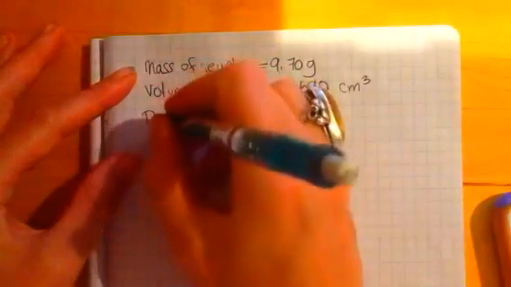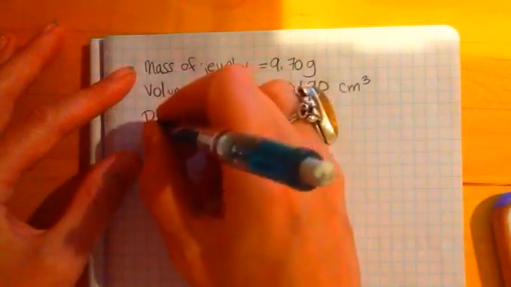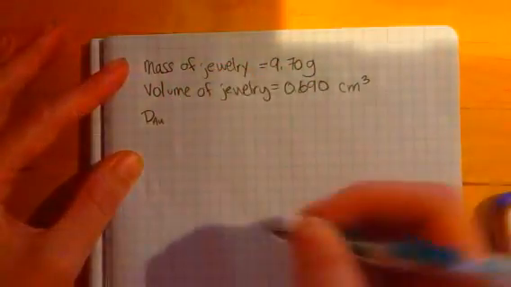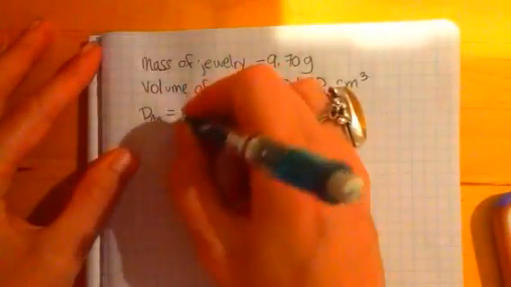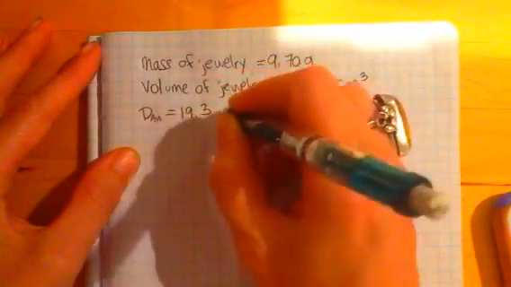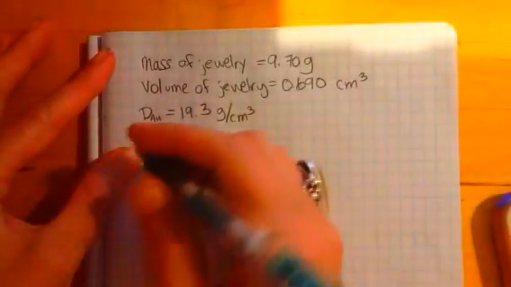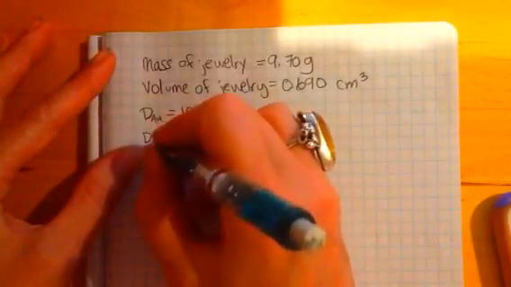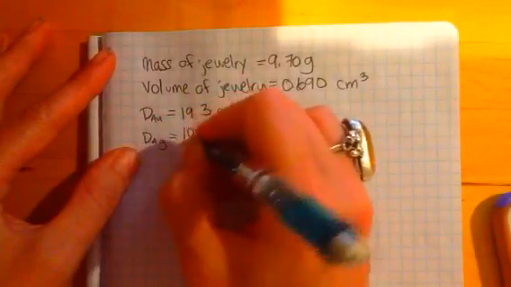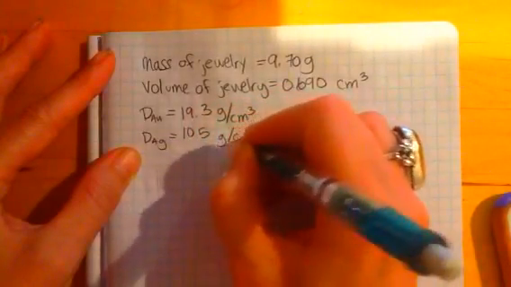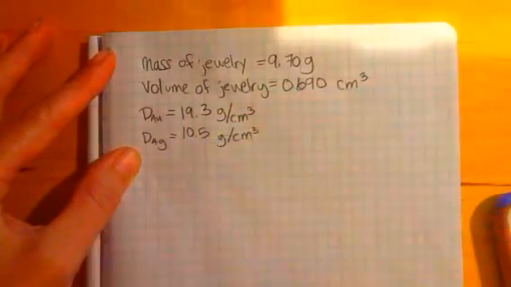The density of gold, D Au, is equal to 19.3 grams per cubic centimeter, and the density of silver is equal to 10.5 grams per cubic centimeter.